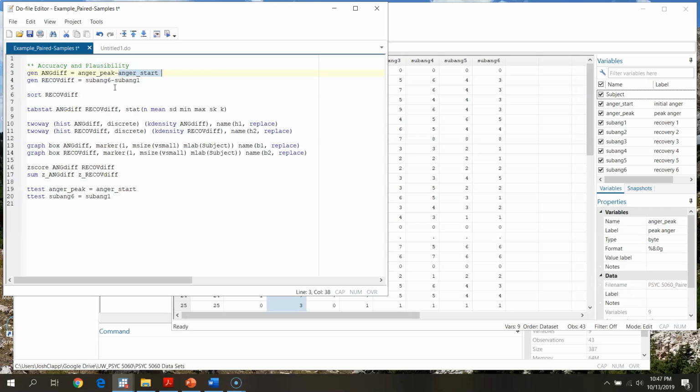What this will do is make it so that the sign, or the direction, indicates whether things are increasing or decreasing. So we've got that for the anger manipulation, and then for the recovery, for the positive imagery, we're taking subjective anger, rating it at the last time point, at the 6th assessment, and we're subtracting it from the initial one here.